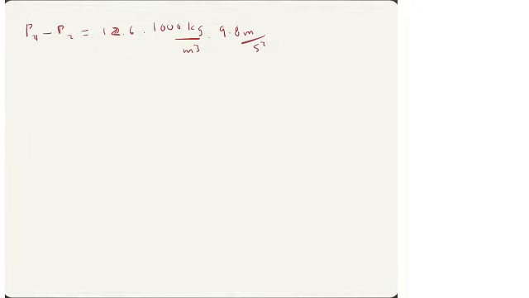About 10,000 times another 10 is 100,000. It's going to be about 1,100,000 kilograms, kilogram meters per second squared is newtons per meter cubed. That's not right. I need to go back a page to make sure.